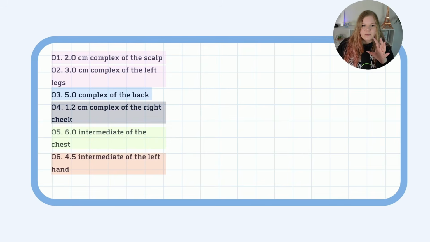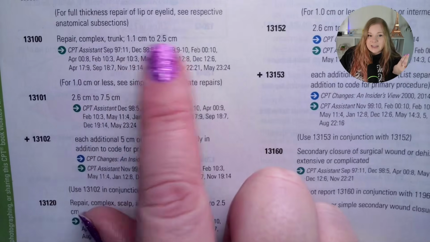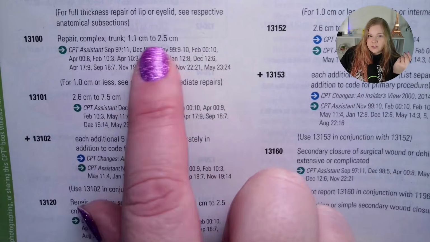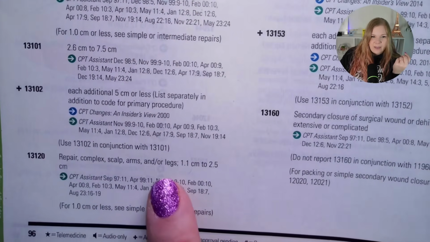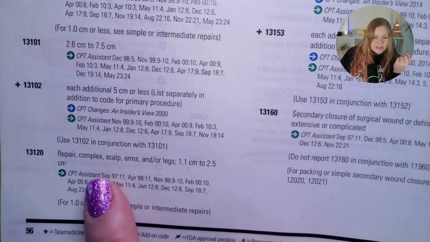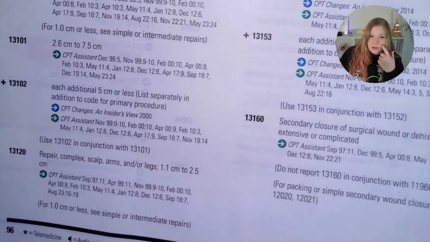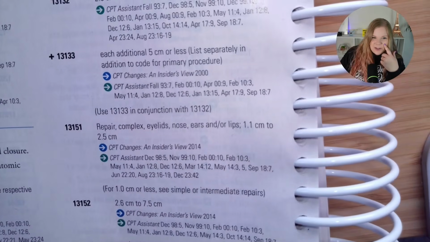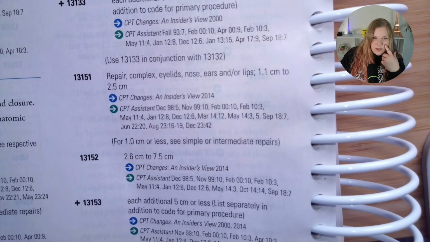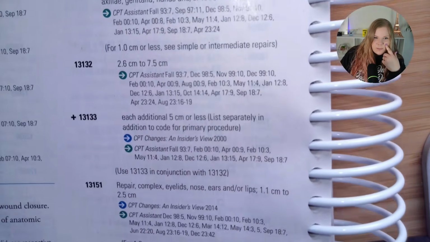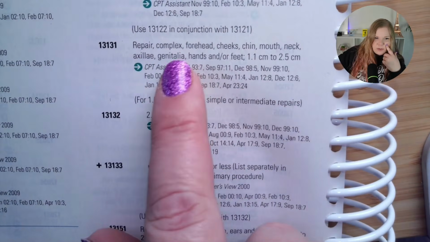because they're all different anatomic groupings or different complexity. So like I said, in complex repairs, the trunk is all one section, and then arms, legs, and scalp is an entirely different section. And then cheek is a much more sensitive area than the back or the trunk. So we have a totally separate area for the cheek. And here we have cheeks, chin, mouth, neck.